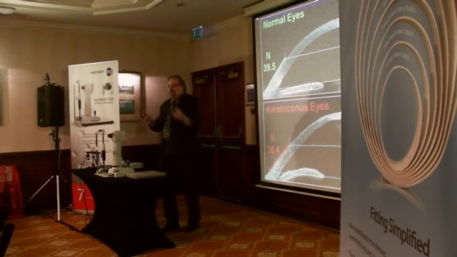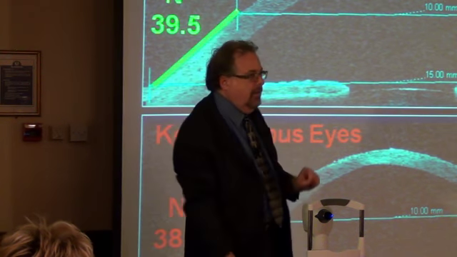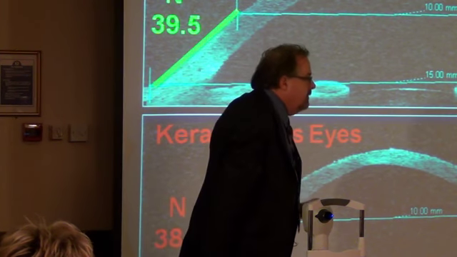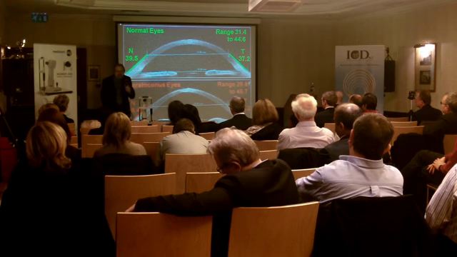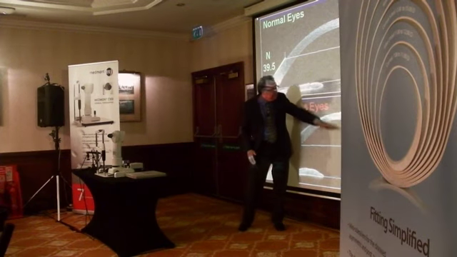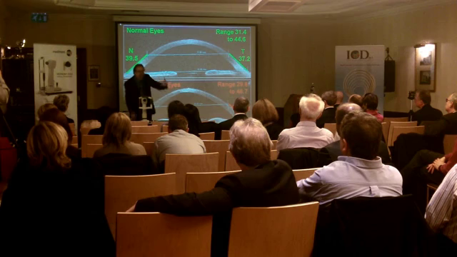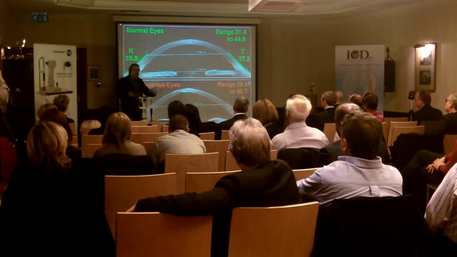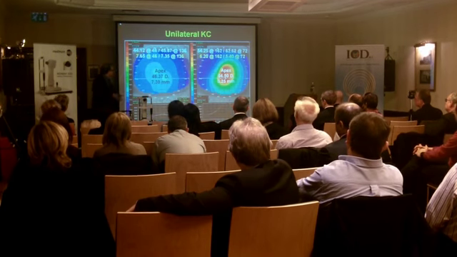Now, what this means, it means something very important to you and I. It means that when we're fitting scleral contact lenses for keratoconus, they have a normal scleral contour. It means all we need to do is increase the sagittal height of the contact lens to clear that additional sagittal height created by the ectatic condition.